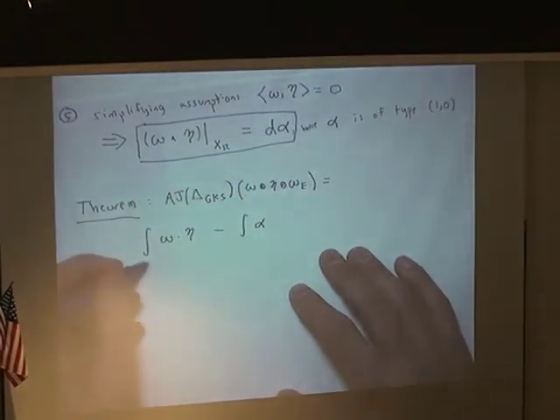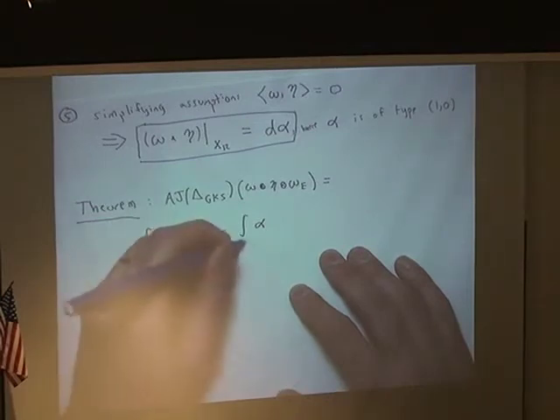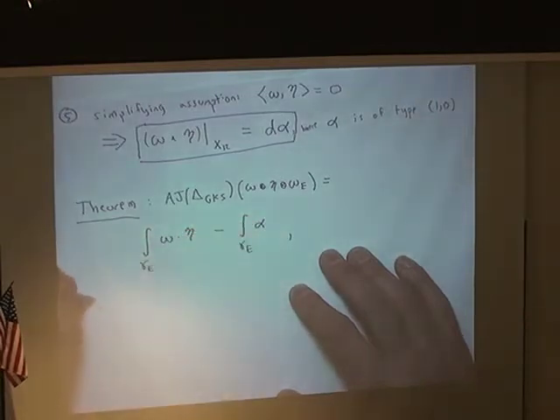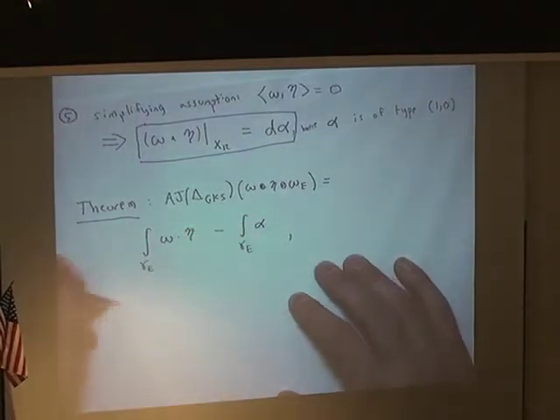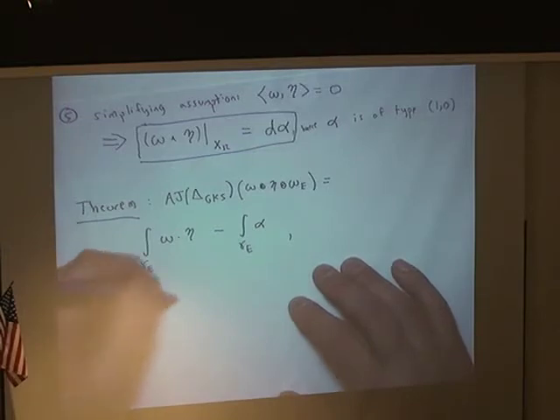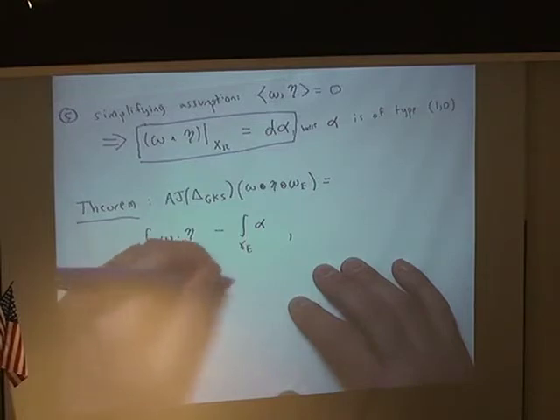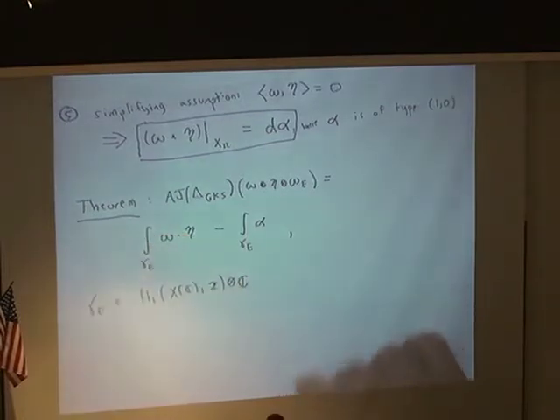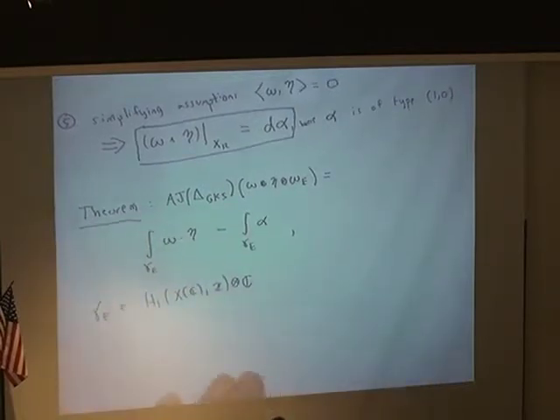Here we perform this integration over a specific path, which I'll call gamma_e, an element of H_1(X(C), Z) tensored with C. So it's a C-linear combination of paths, and I extend the integration by C-linearity to such combinations.